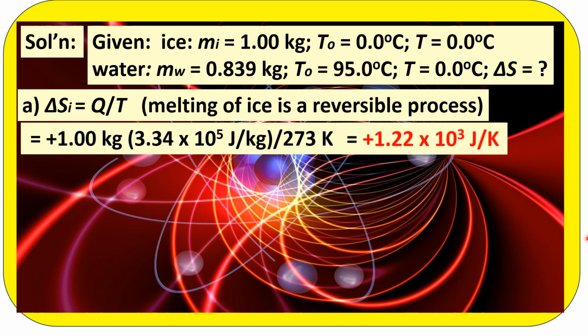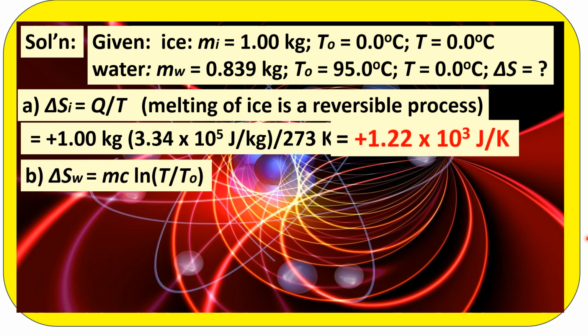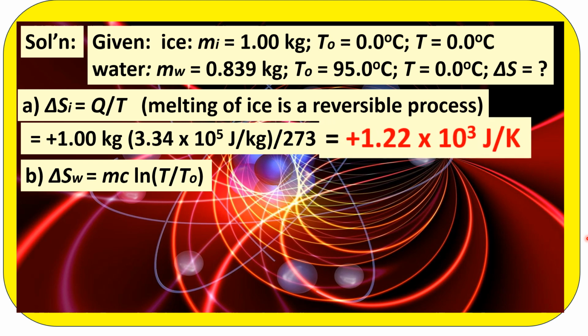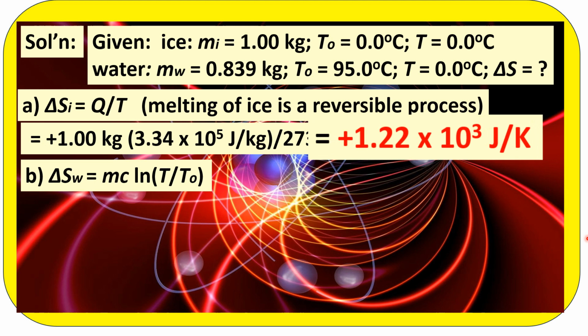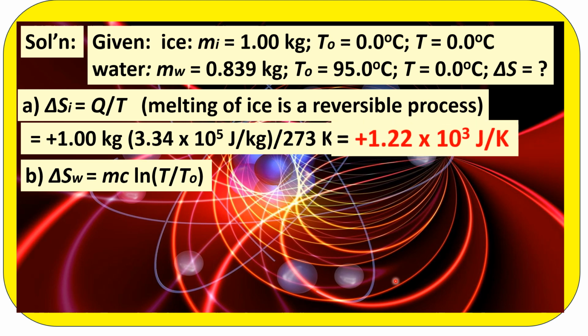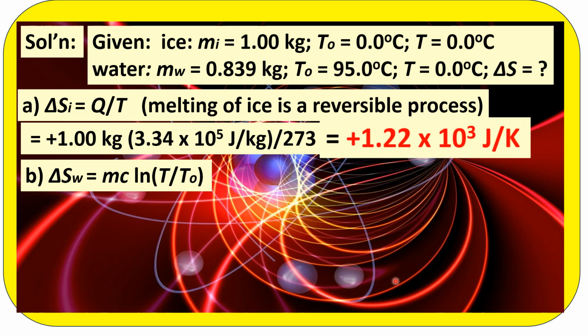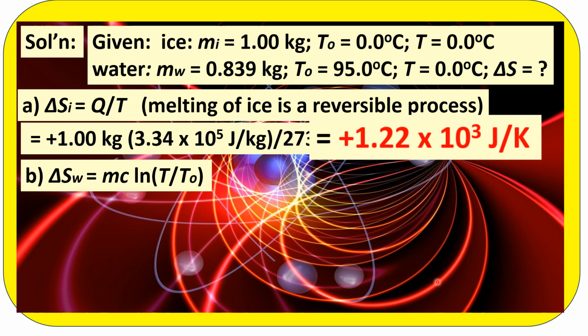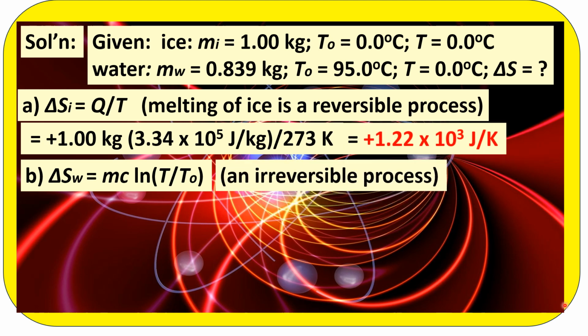And for question letter B, in the case of the water, whose initial temperature is 95.0 degrees Celsius, and the final temperature being the thermal equilibrium temperature, which is 0.0 degrees Celsius, such process of cooling down from a higher temperature to a lower temperature is considered an irreversible process.